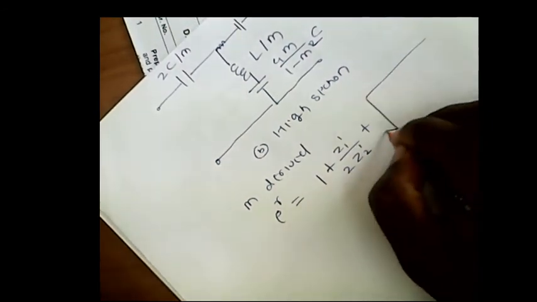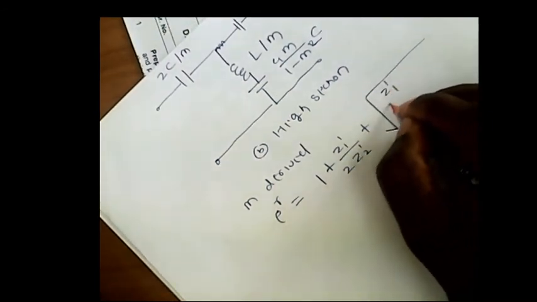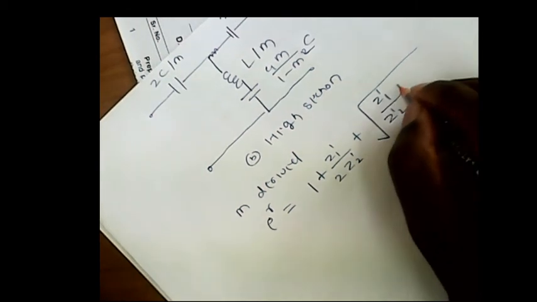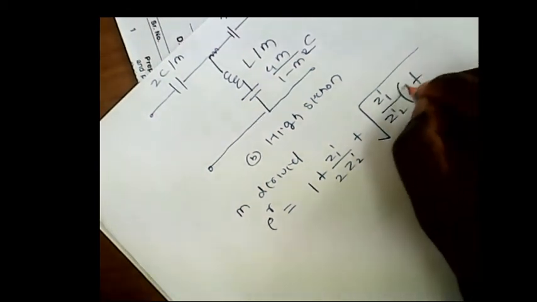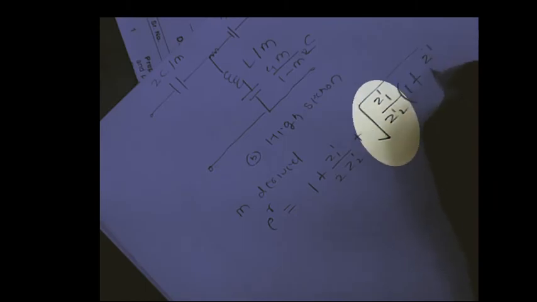Now for the propagation constant of the m-derived section: e raised to power gamma equals 1 plus Z1 dash divided by 2 Z2 dash, plus under root Z1 dash divided by Z2 dash, times 1 plus Z1 dash divided by 4 Z2 dash.